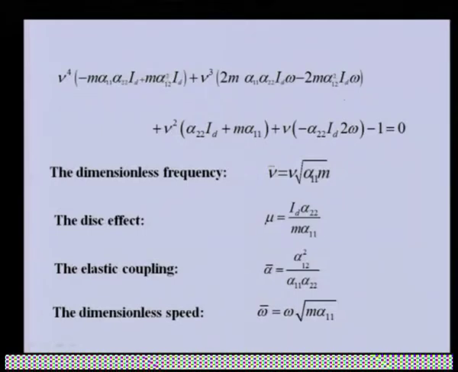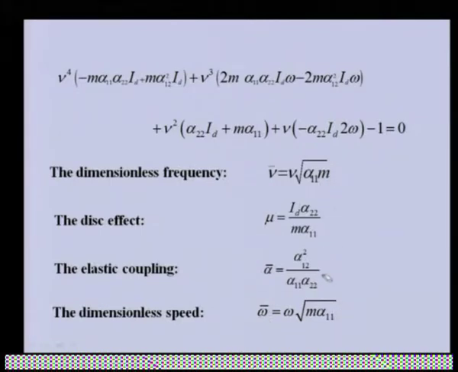So, we will define some non-dimensional parameters, like dimensionless frequency nu bar as nu times square root of alpha 11 m, the disk effect like this, and the elastic coupling between the linear motion and the angular motion, that is translatory motion and angular motion, like this. Then dimensionless speed I am defining like this.